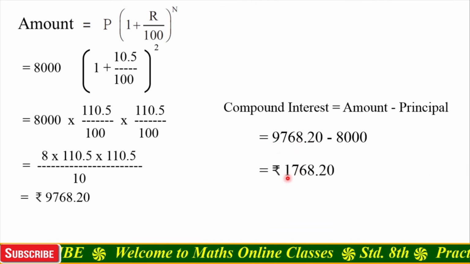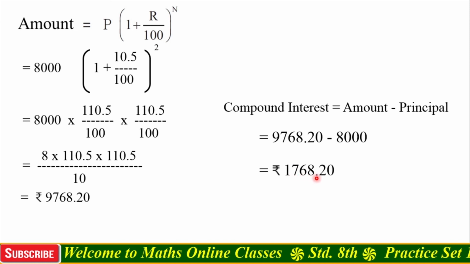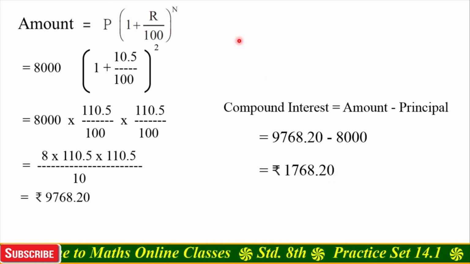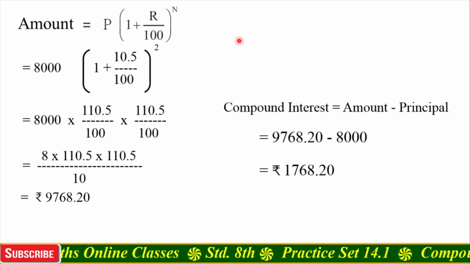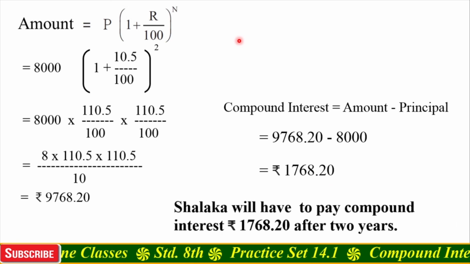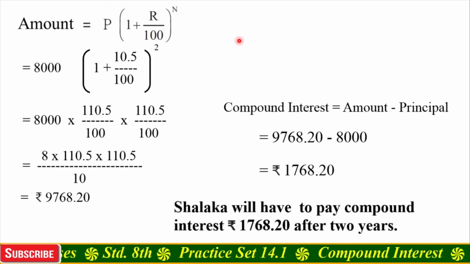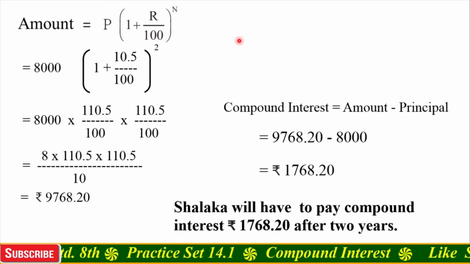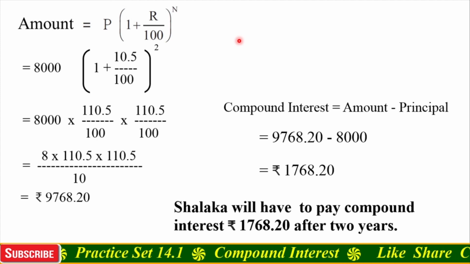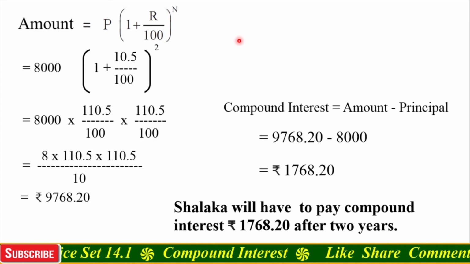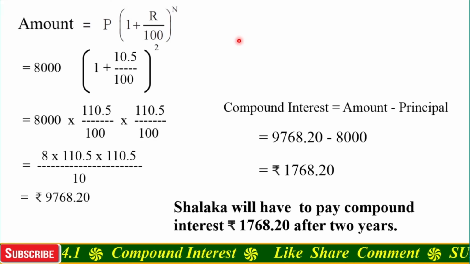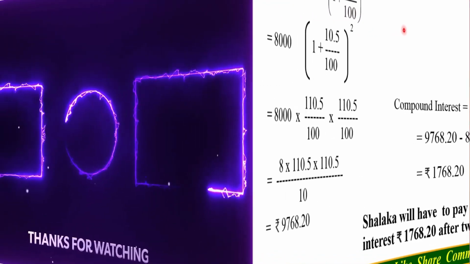That is 1768.20. And final answer, final statement is Shalaka will have to pay compound interest of rupees 1768.20 after 2 years. That's all for this video.